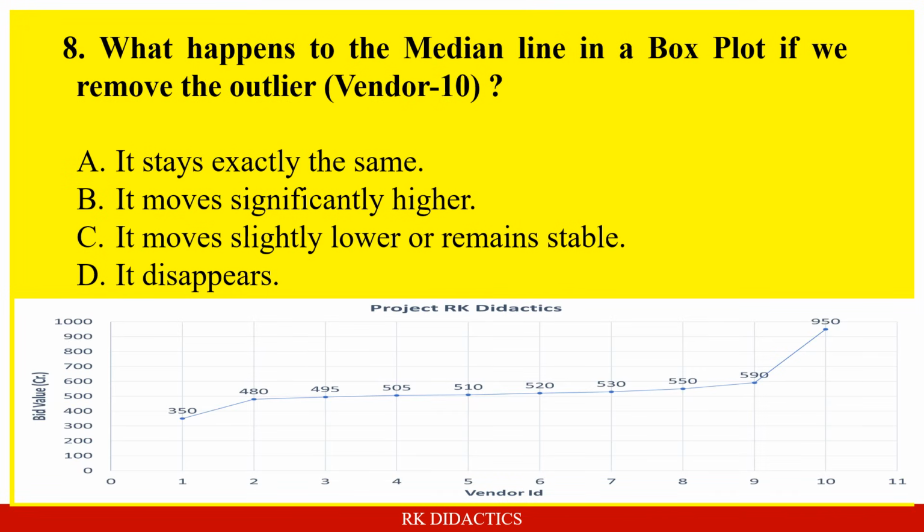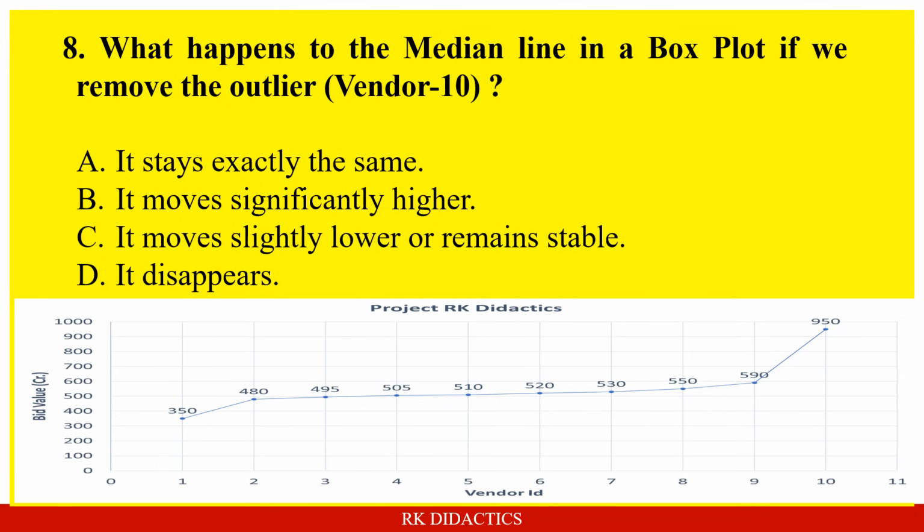What happens to the median line in a box plot if we remove the outlier, that is vendor 10? It stays exactly the same, it moves significantly higher, it moves slightly lower or remains stable, or it disappears.